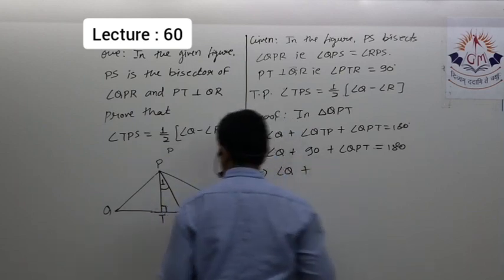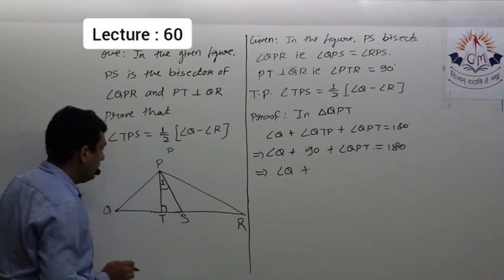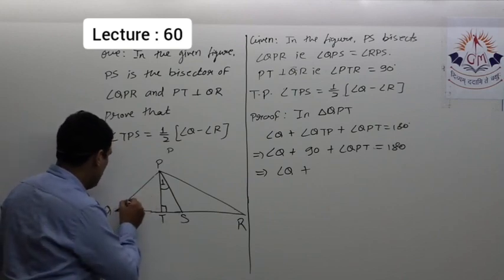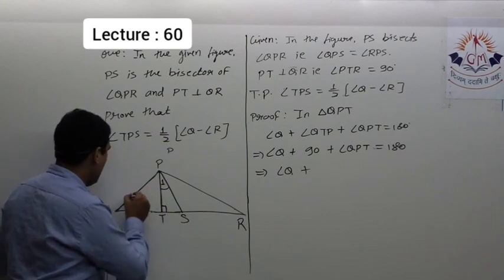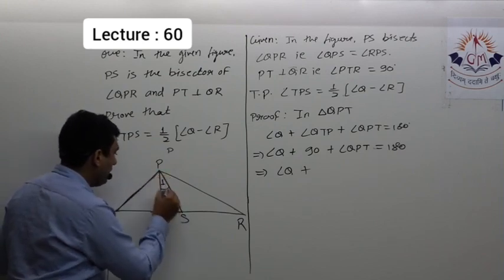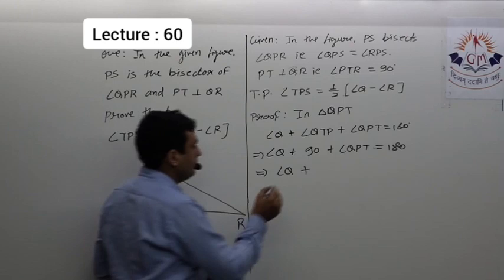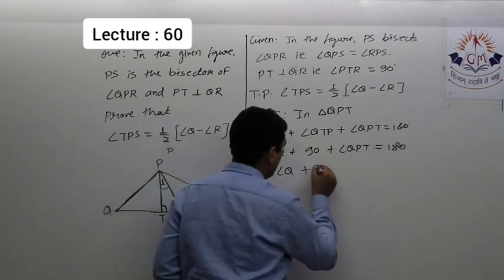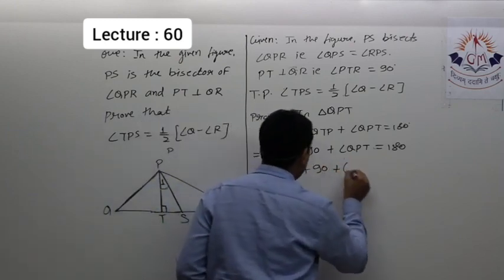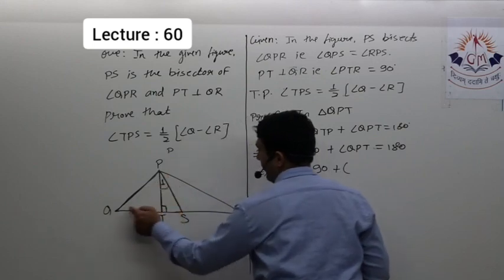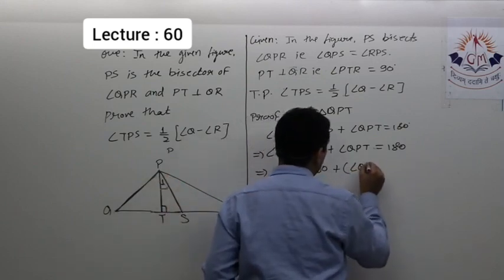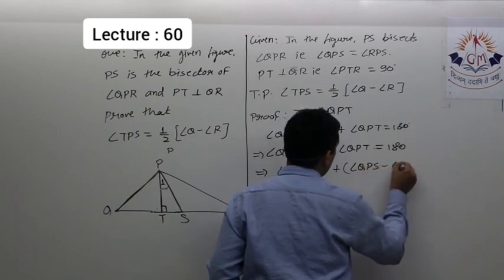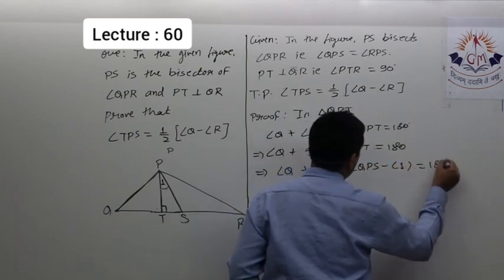or before that, I have to introduce angle 1. This angle QPT can be written as angle QPS minus angle 1. So I'm writing 90, and this angle QPT I'm replacing by angle QPS minus angle 1, is equal to 180.